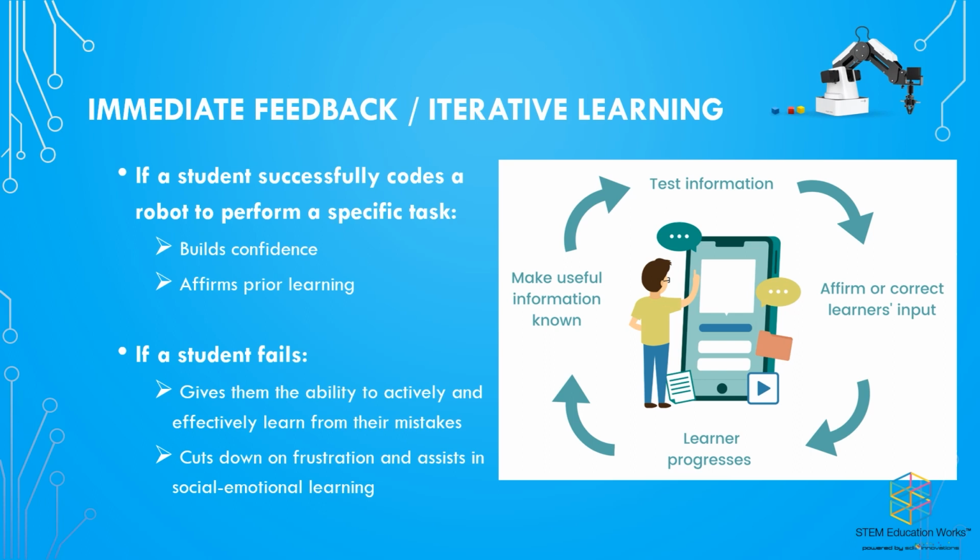That's all great. But I think what's even better is when students fail initially. The reason is that having a physical interface in front of a student when they're learning how to program a computer or a robot really gives them the ability to actively and effectively learn from their mistakes.